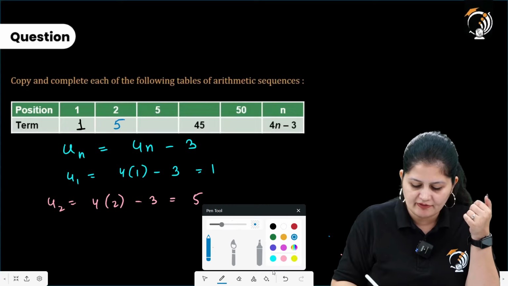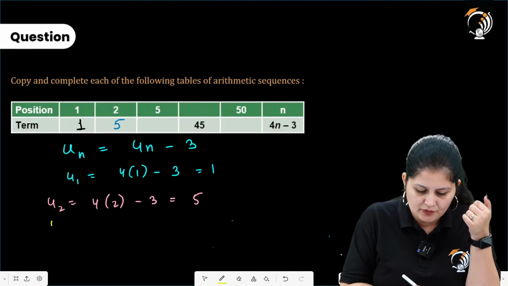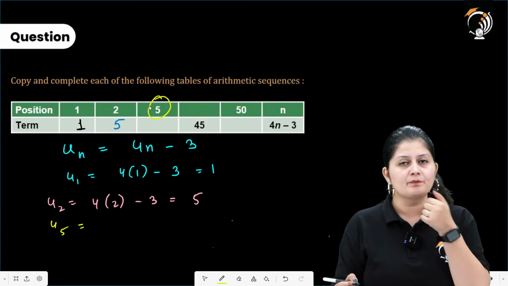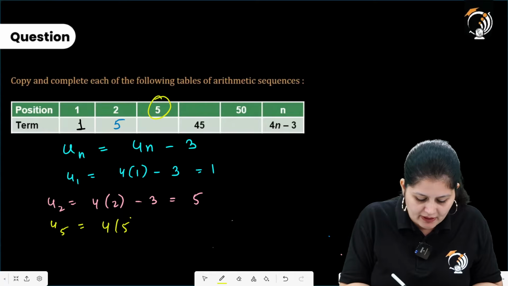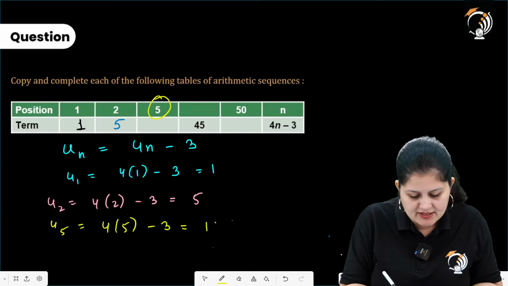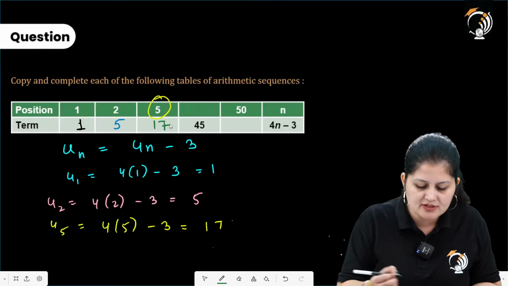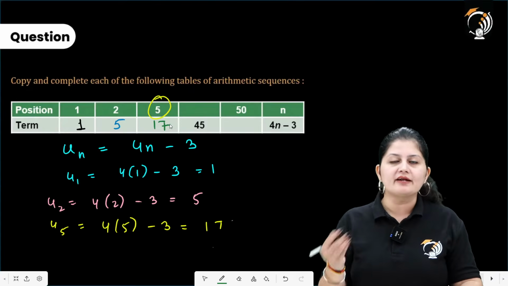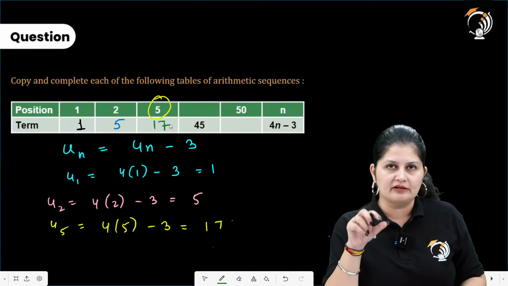Clear? Further, the next value is going to be u5. We need to put n is equal to 5 here, so that is 4 multiplied with 5 minus 3, that is 20 minus 3, which is 17. So we simply write 17 in this box. Now we are provided with the value of a term, and we need to find at which position that term is.